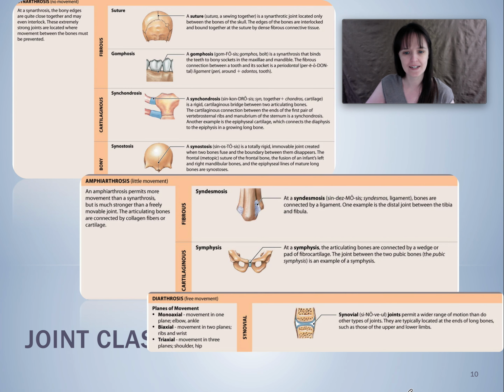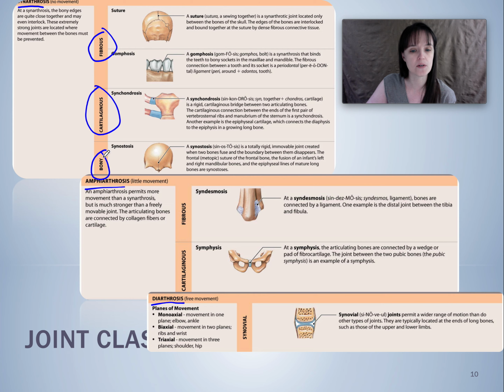All right, and then here are all of them together. List the three functional physiological classifications of joints: synarthrosis, amphiarthrosis, and diarthrosis. List the four structural anatomical classifications of joints: fibrous, cartilaginous, bony, and we already did fibrous and cartilaginous.